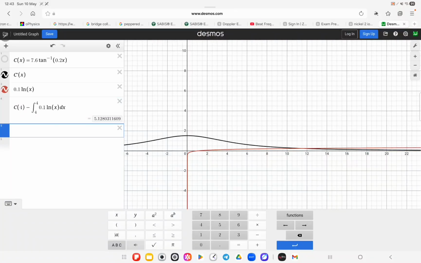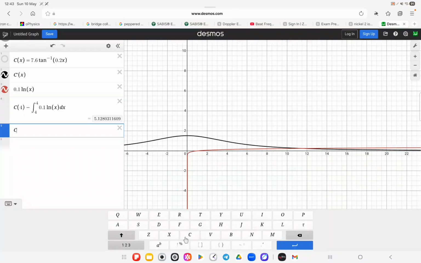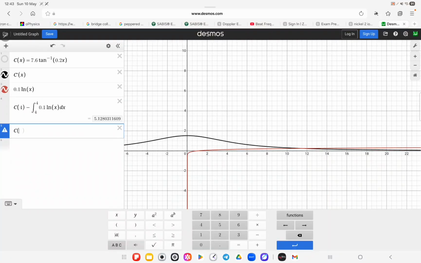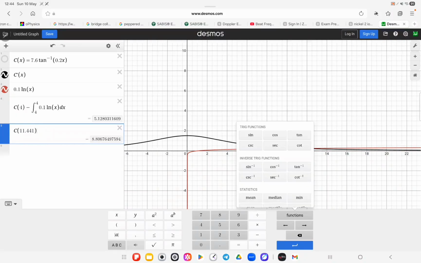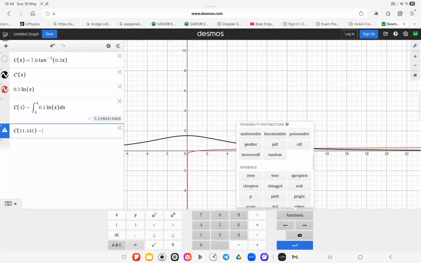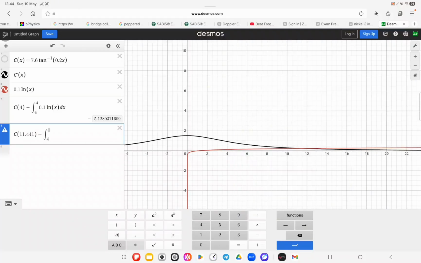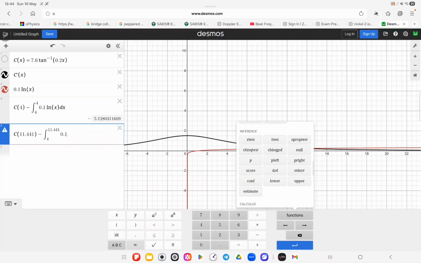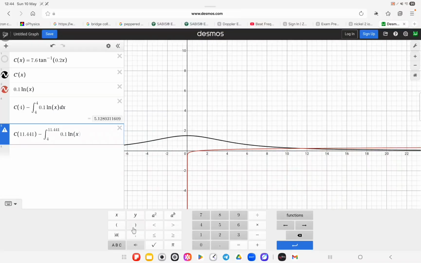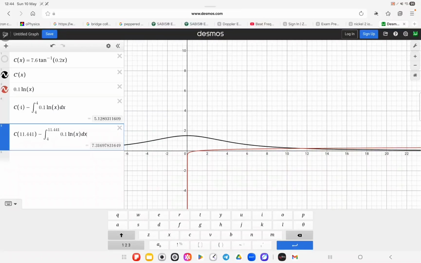Then one time I'm going to be plugging in the c of the critical point, which was 11.441, minus the integration from 4 to again 11.441, 0.1 ln of x dx. That's my second one.